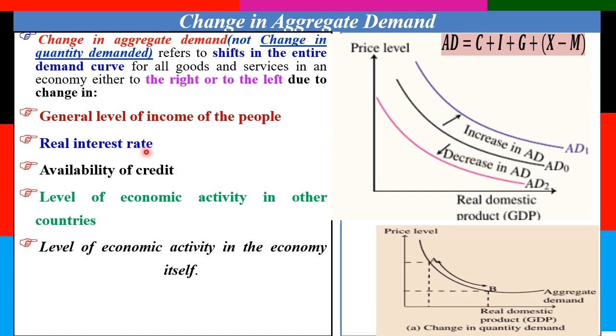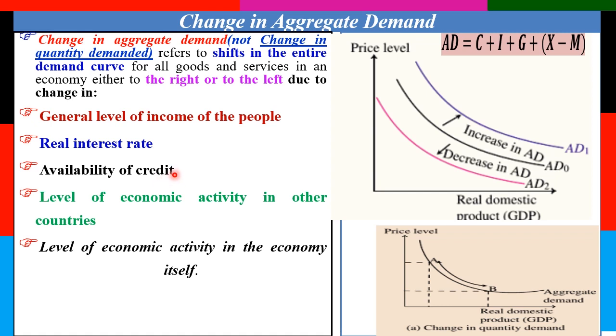If the interest rate decreases, the aggregate demand increases from this black line to the blue one, and it implies an increase in the aggregate demand. Another factor that causes the aggregate demand to shift is availability of credit.